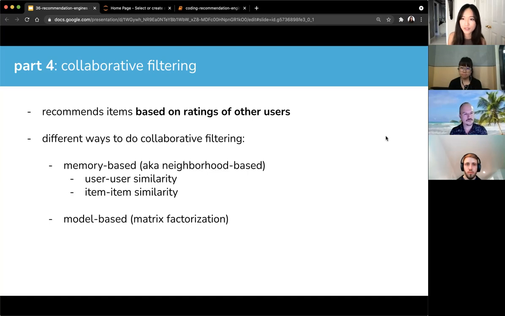Okay, so the whole idea of collaborative filtering, again, is based on ratings of other users. We're going to talk through two main ways of doing it. The library that we're going to look at later is called Surprise, and Surprise has algorithms that implement both of these. So there are memory-based methods and model-based methods.